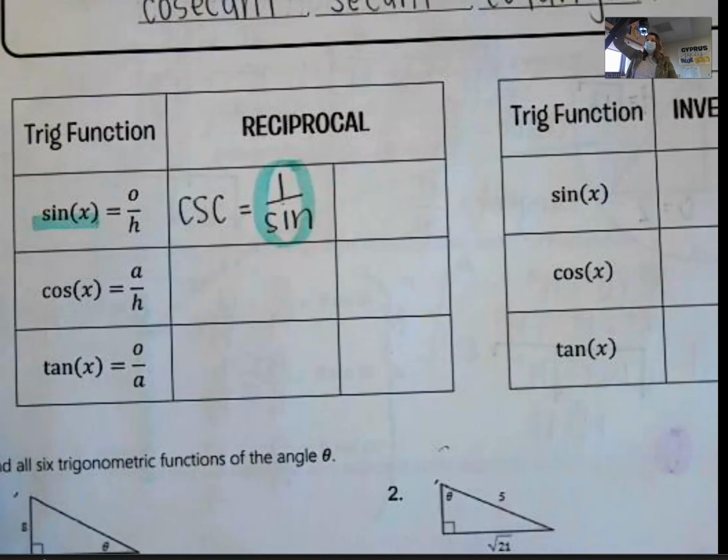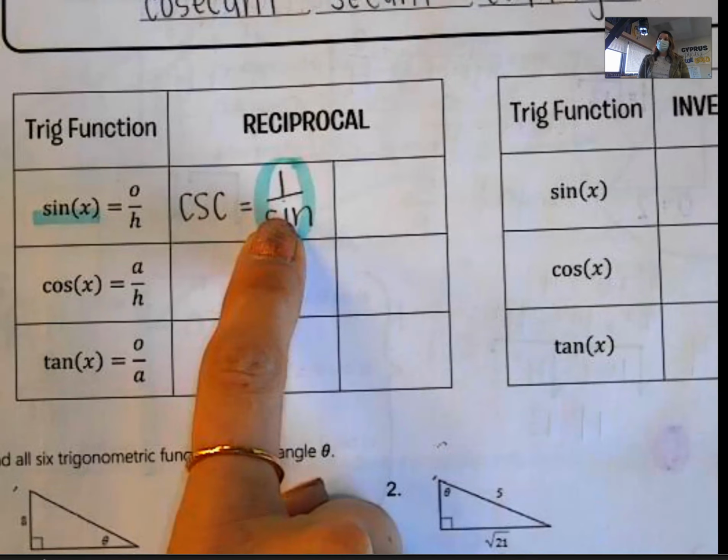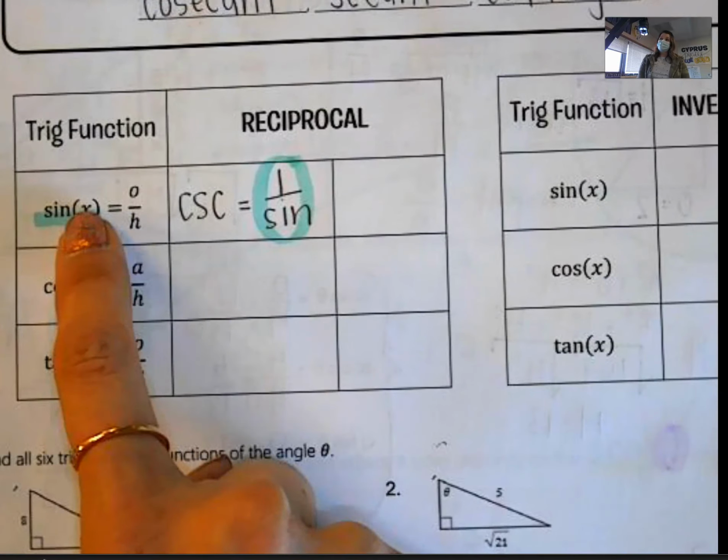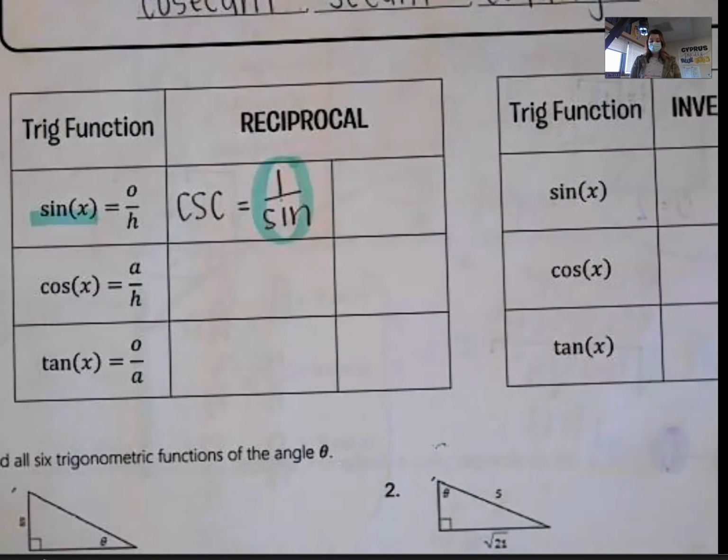So we flip it. A reciprocal is, if we have a fraction, we flip the fraction. So if we had 3 over 4, its reciprocal would be 4 over 3. That's what we're doing here. We're taking sine over 1 and flipping it so that it's 1 over sine.